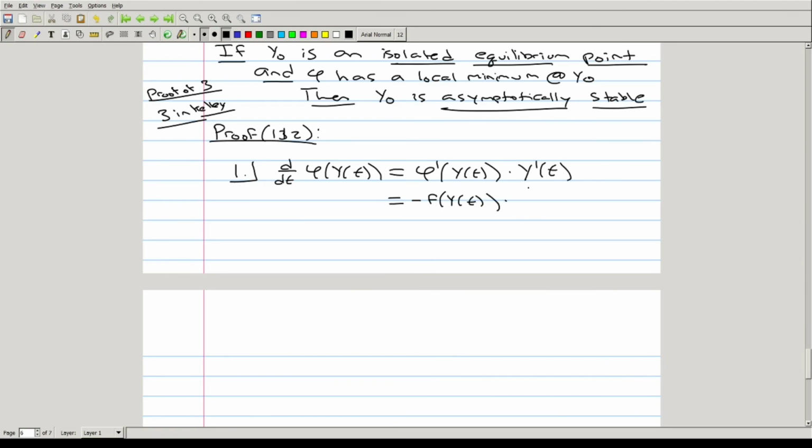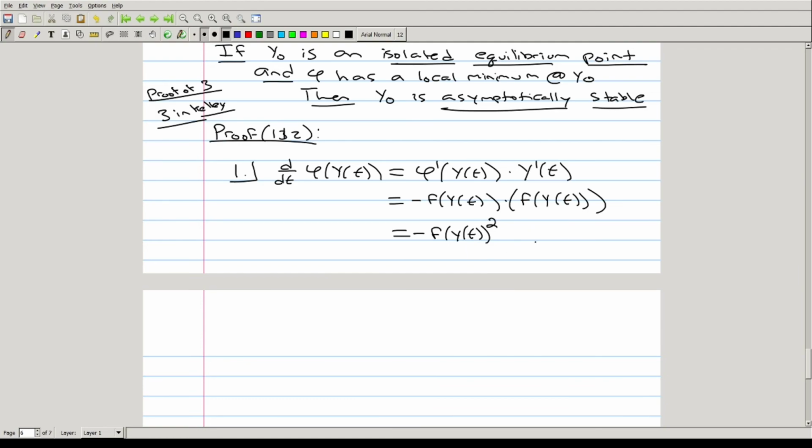And we also have that y satisfies the differential equation, so y prime is also equal to f of y of t. This is negative f of y of t squared.